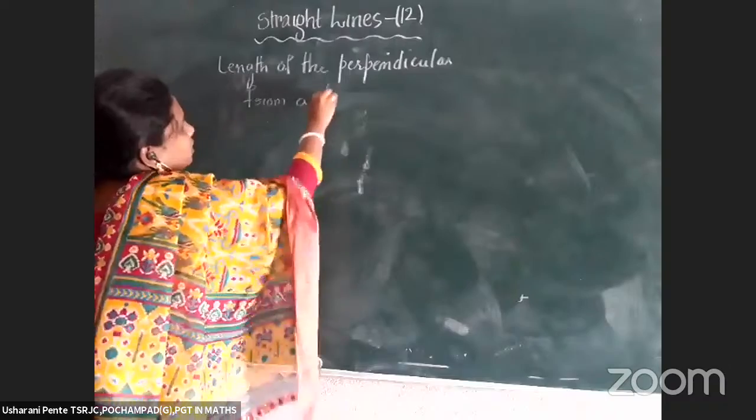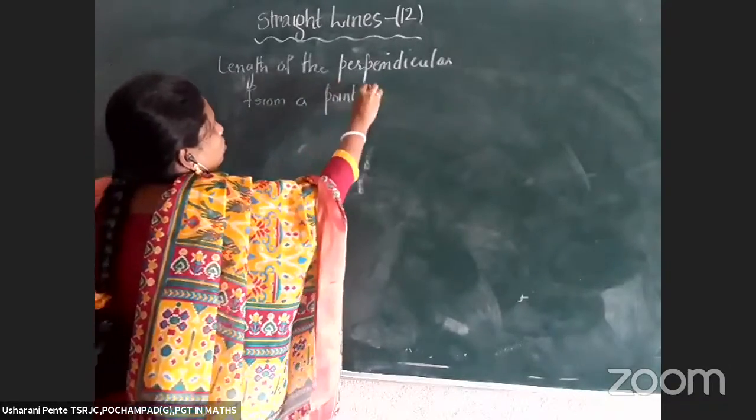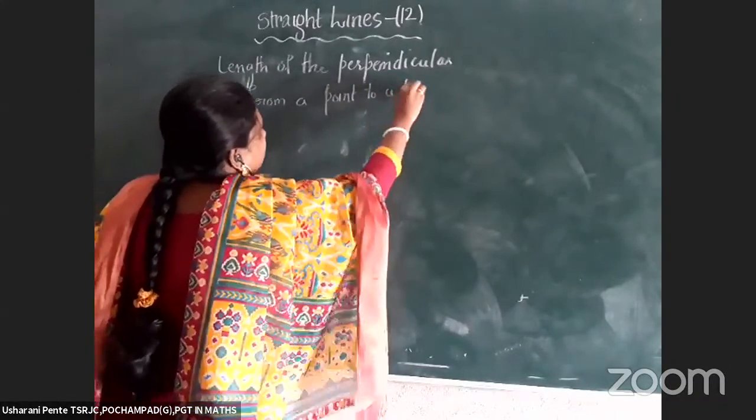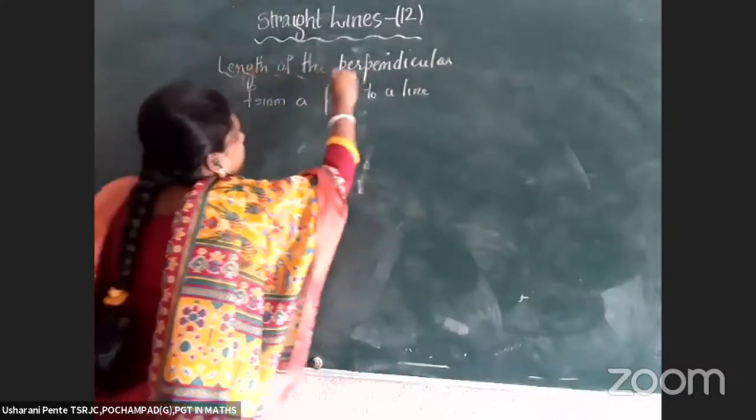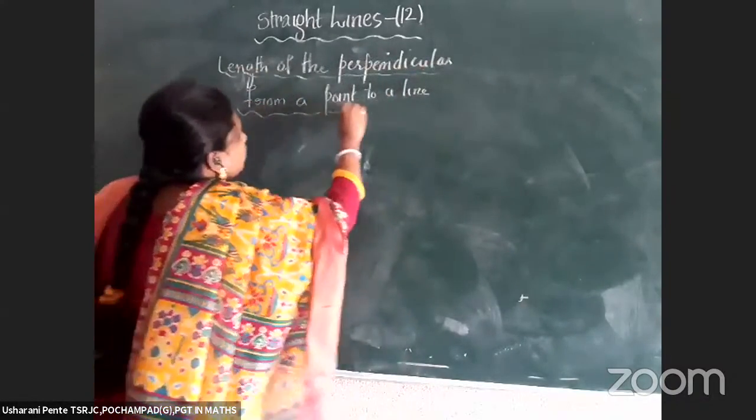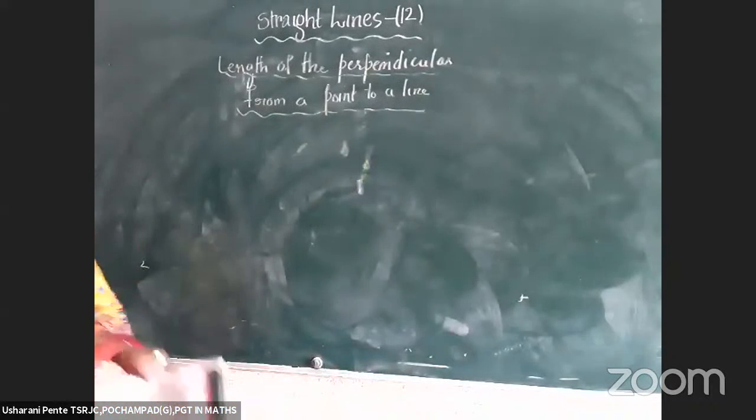How to find the length of the perpendicular from a point to a line? So today we are going to see how to find the length of the perpendicular from a point to a line.